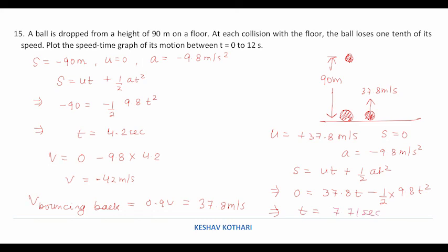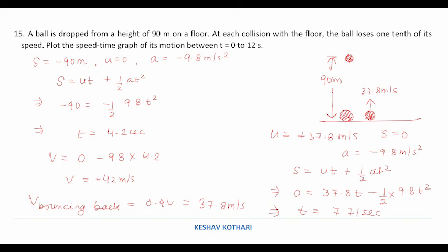So 7.71 second after making the first impact. So from here we are ready to draw our speed time graph, which the question is asking us to do. So it is again going to make an impact at 7.71 second and lose 10% of its speed.